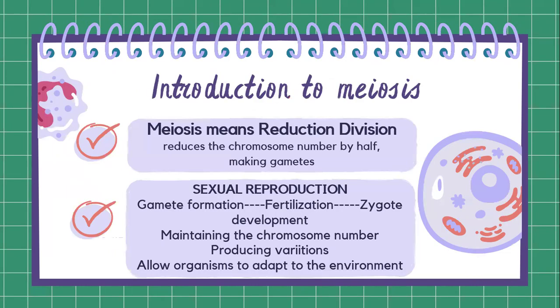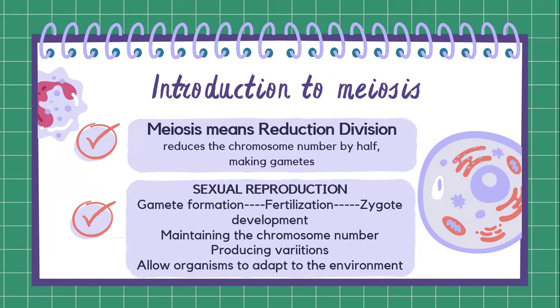Now, let's start with the introduction of meiosis. The word meiosis means reduction division. Please note it down in your books. It means something has to reduce, and in a cell, what can be reduced is the chromosome number. So meiosis is helpful in reducing the chromosome number to half.